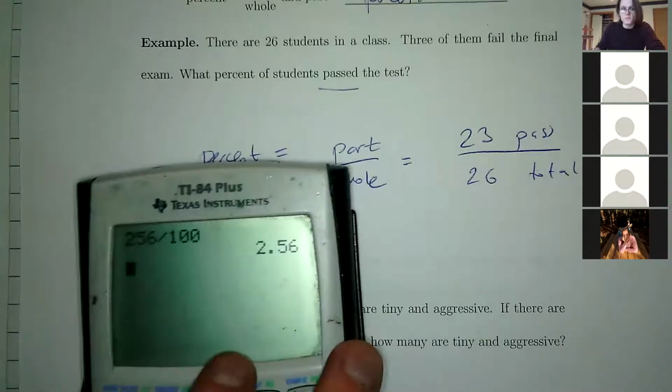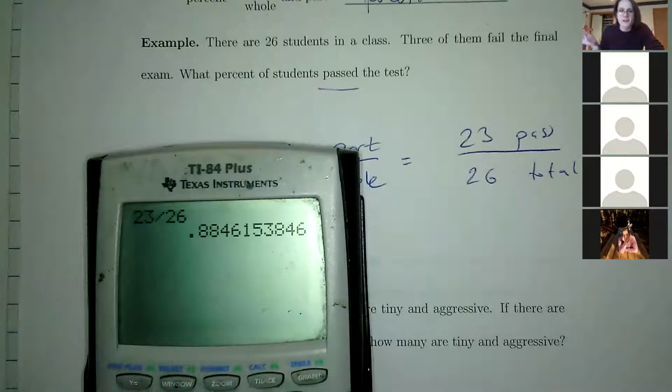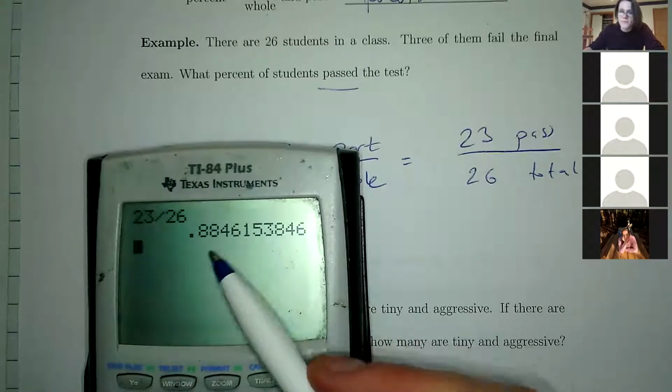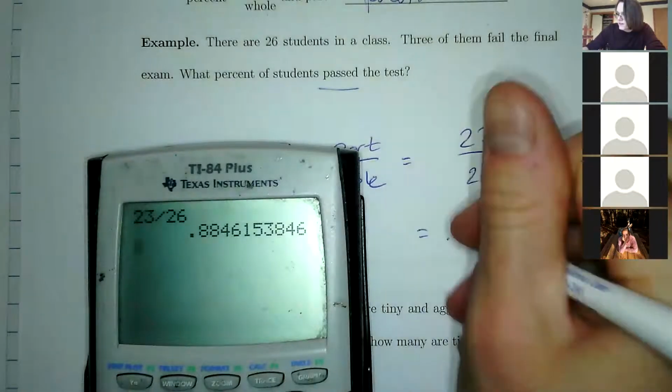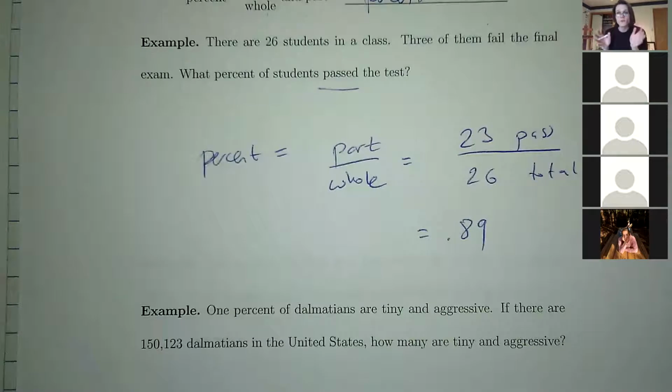And so there we go. 23 over 26, and you can round to whatever. I'll do 89, because the 6 makes it a 5 and the 5 will make it a 9. It's like dominoes, but it doesn't really matter. I'll say it's 0.89, right? So 0.89 percent.